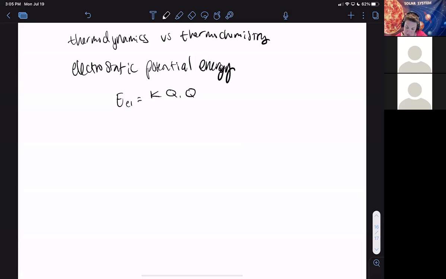You will not be using this equation, but you should understand what it means. Electrostatic potential energy depends on the charges of our charged species and the distance between them. The greater the magnitude of the charge and the closer the distance, the greater the electrostatic potential energy.